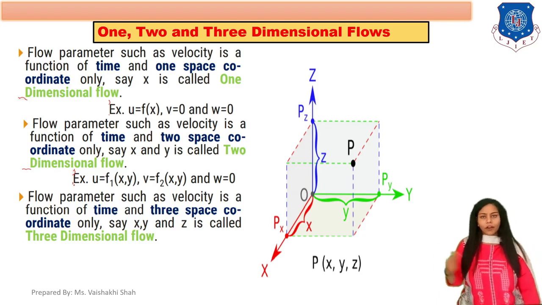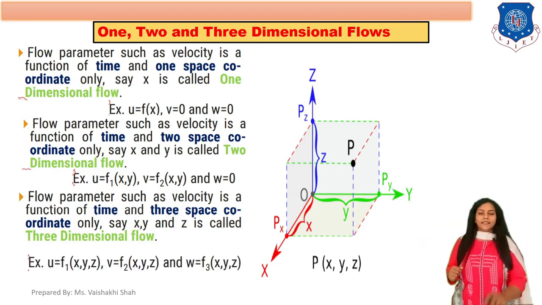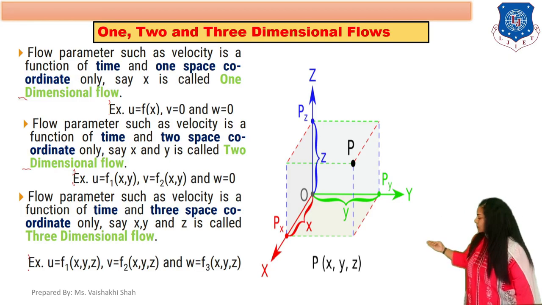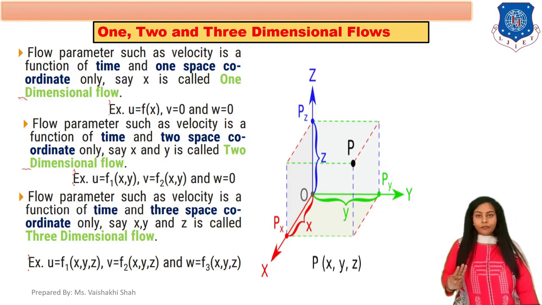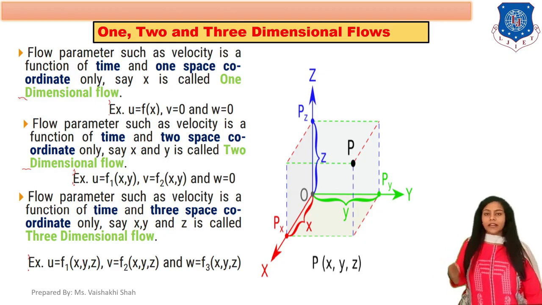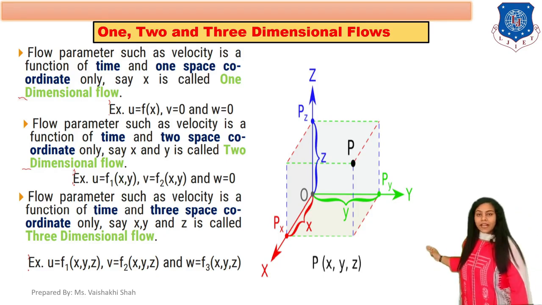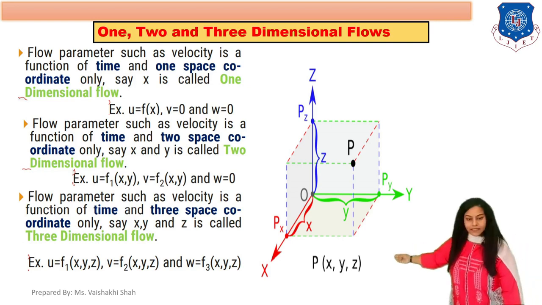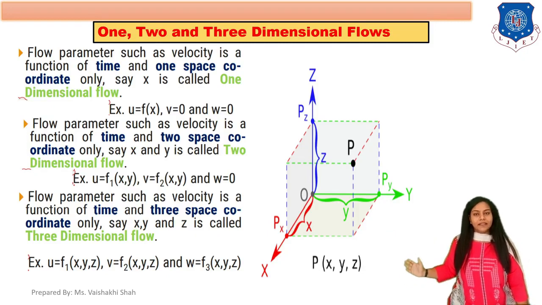Here all three directions are involved. So u equals a function of x, y and z, v equals a function of x, y and z, and w is also a function of x, y and z.